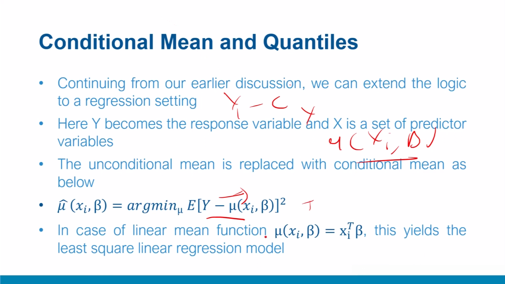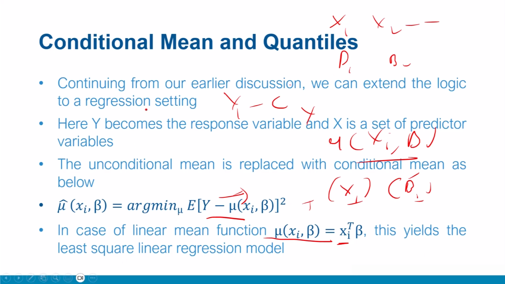Here, this represents the conditional mean function, which can be a multiple of covariates xi and their multiplication with coefficients beta. You can think of these xi and beta in vector notation, where you can have more than one variable like x1, x2 and so on, and their corresponding coefficients beta 1, beta 2 and so on. So this is your typical least squares regression model setting.